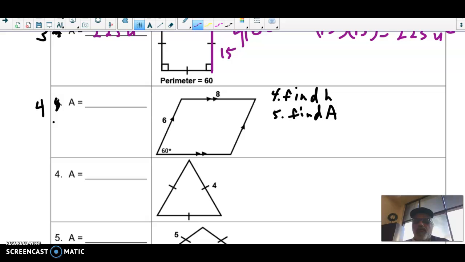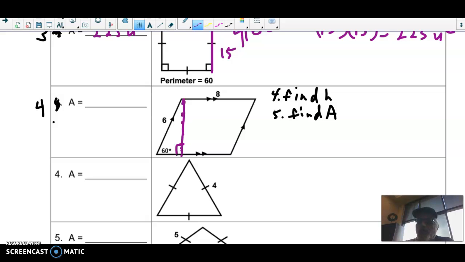Now for a parallelogram, I got to find the height. It's still base times height, but my height is not 6. It's this guy right here. So the first thing I got to do is find my height. And what I do know is if this is supposed to be a straight line, if I go straight down, that's a right angle. That's a 60 degrees.